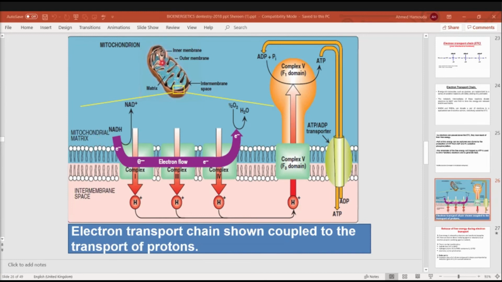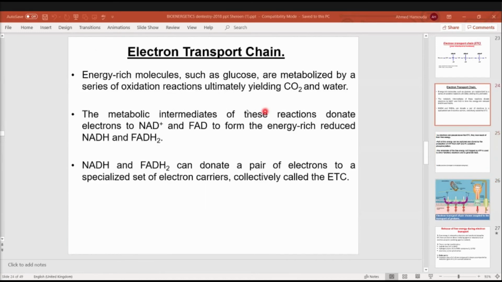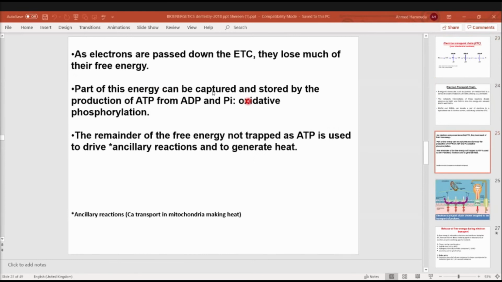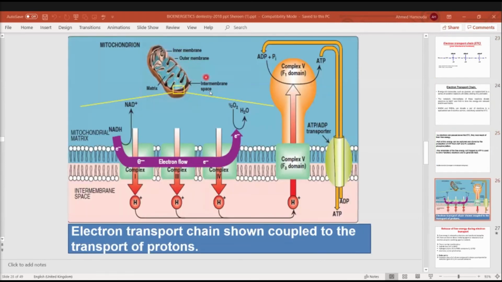This is a mitochondria: you have an outer membrane, an inner membrane, then the intermembrane space, and the matrix. This is why I'm going forward and backward. Don't get confused between the inner mitochondrial membrane, the outer membrane, or the intermembrane space.